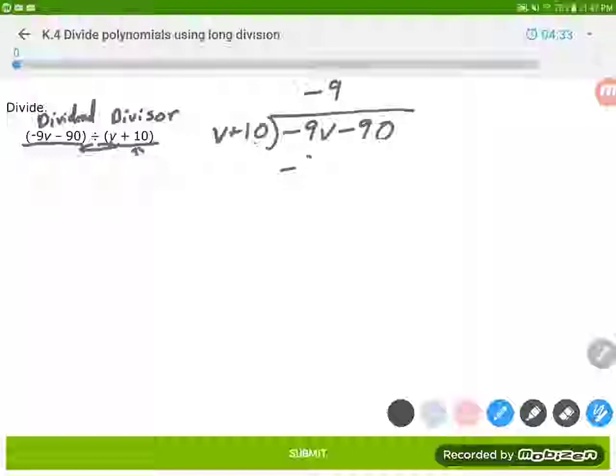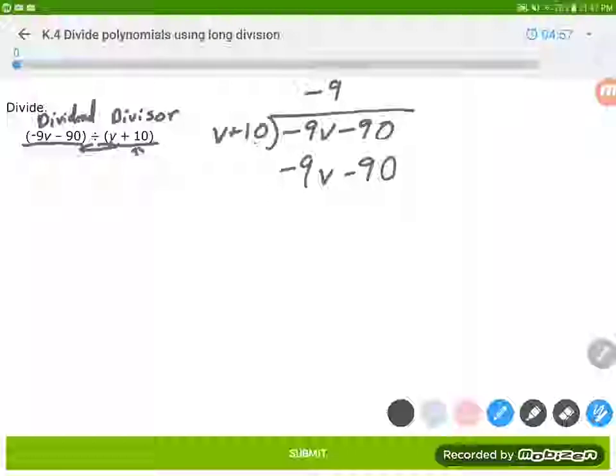We're going to get negative 9v, and negative 9 times 10 will be negative 90. You may notice that matches our dividend. This is an easy problem, it's rather simple, so there's not too much to do. But this is going to match, and you're going to see why on this next upcoming step.